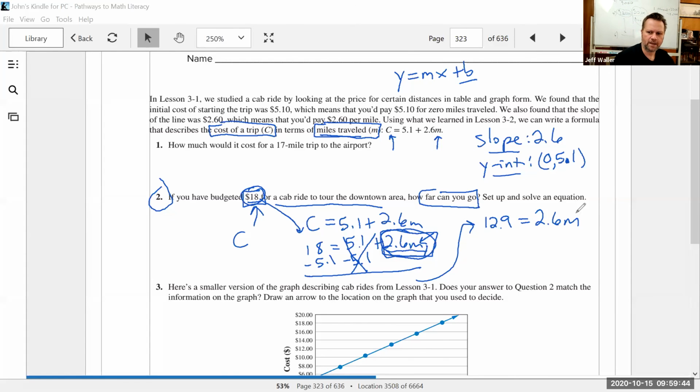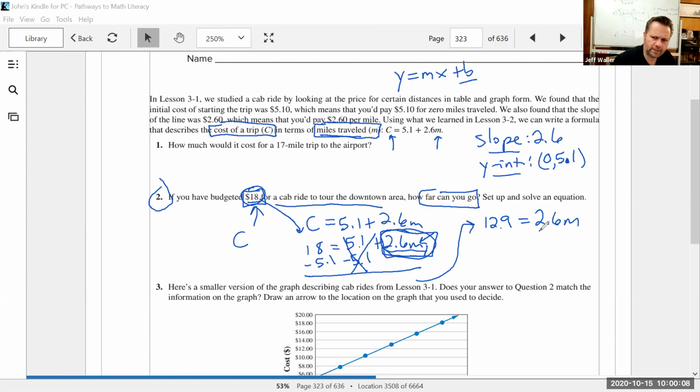So here's my m. I'm trying to get my m by itself. What is happening to the poor m? It's being multiplied by 2.6. I like it. Now somebody else tell me, how would I undo that? How would I cancel that? Divide by 2.6.